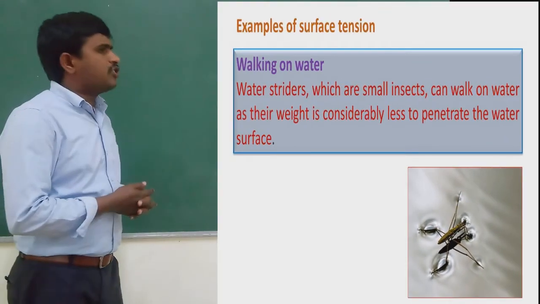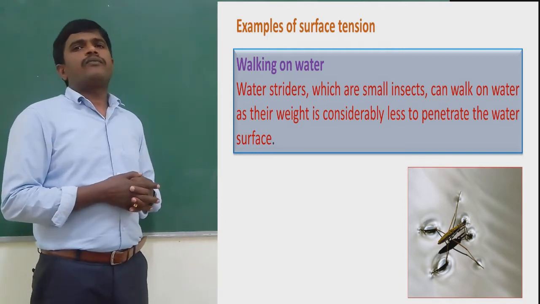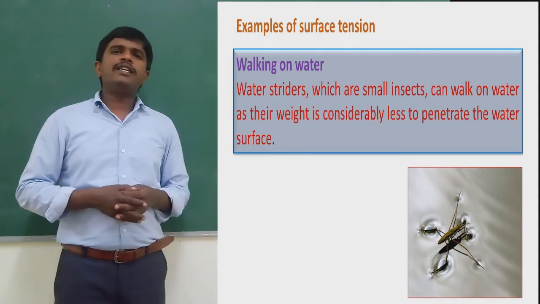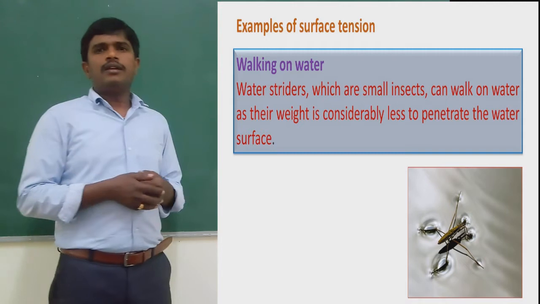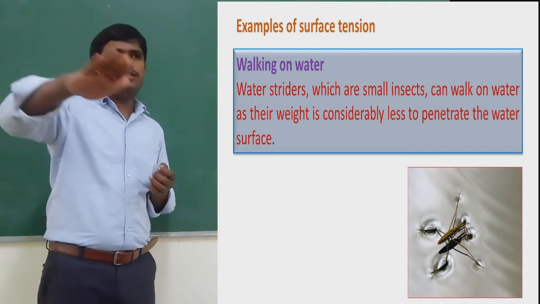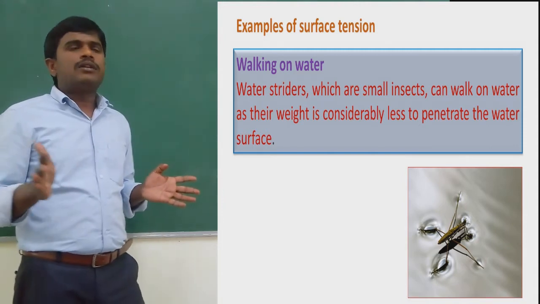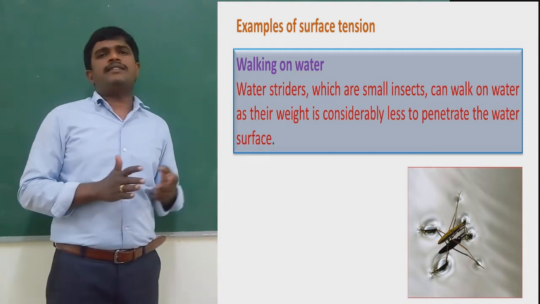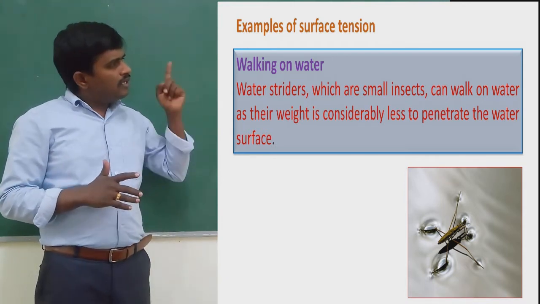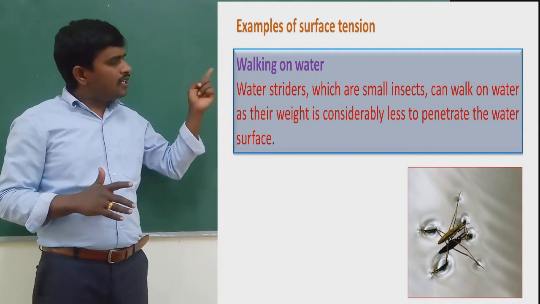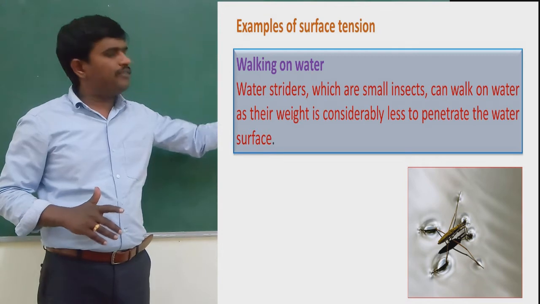Coming to the examples, some typical examples of surface tension. First one is walking on water. We have seen that some insects can walk on the water surface. Here, water striders, which are small insects, can walk on the water as their weight is too small to penetrate the water surface.